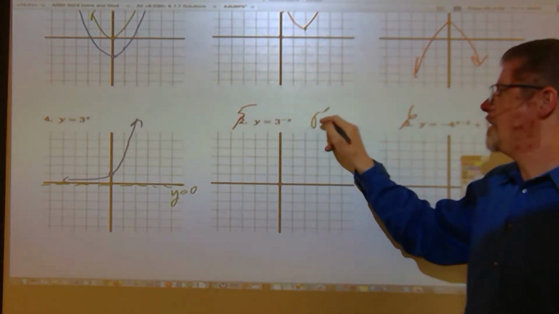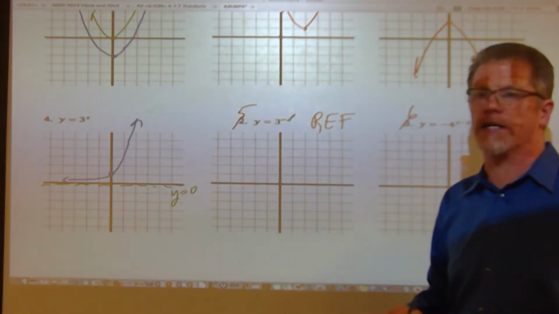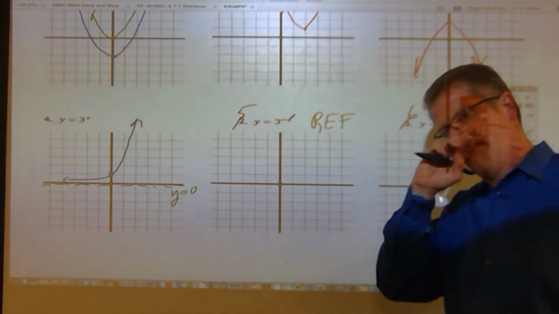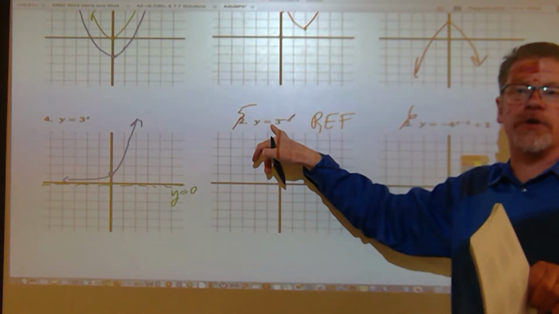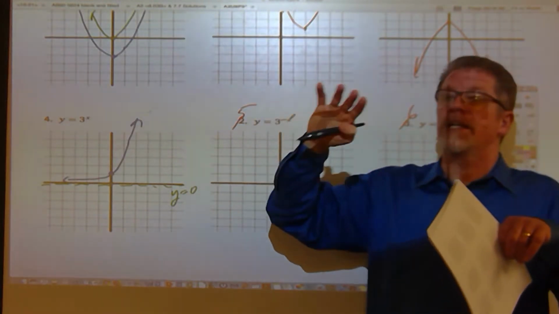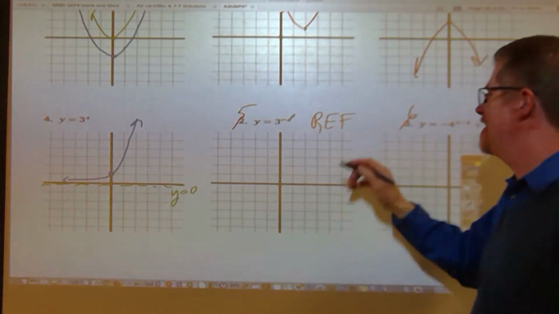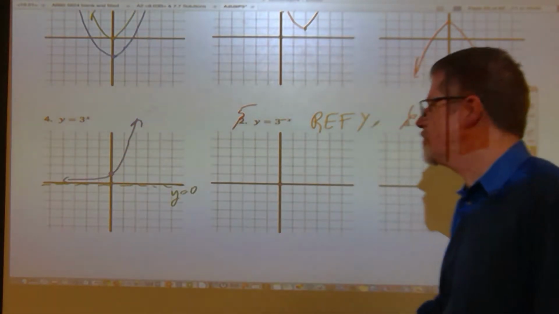A reflection. And a reflection over which axis? Is that going to be the x-axis or the y-axis? Yeah, if the negative had been out front, it would have been a reflection over the x-axis. But because it's right next to the x, it's a reflection over the y-axis.